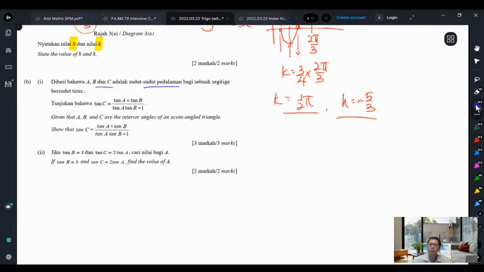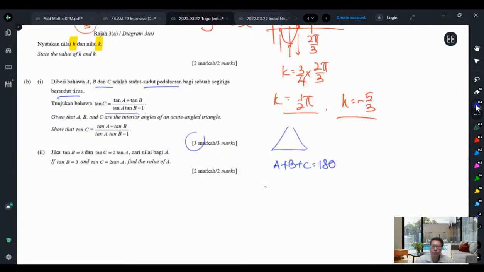ABC adalah sudut pedalaman sebuah segitiga bersudut tirus. Tunjukkan bahawa, okay, so it's 3 marks, so expect 9 steps. Alright, so A plus B plus C must be 180.